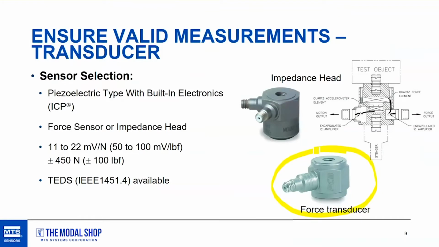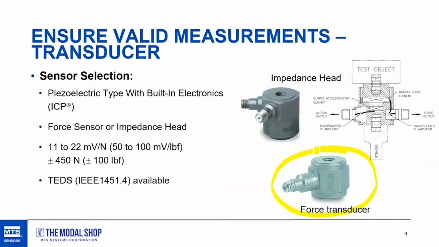Maybe about 15 or 20 years ago, impedance heads were designed and became popular. An impedance head is a sensor specifically designed for modal testing applications, and it can measure both force and acceleration at the same point, the same driving point where you are inputting the force into the structure.